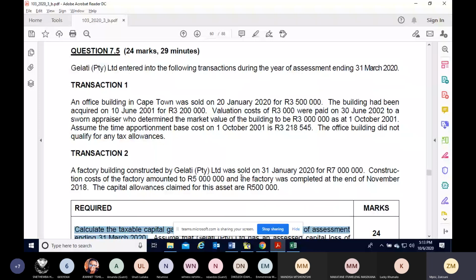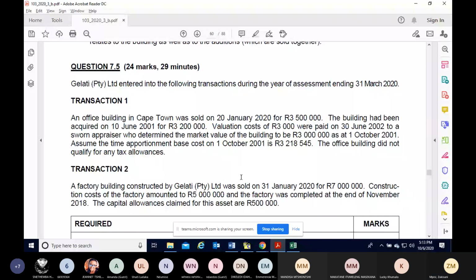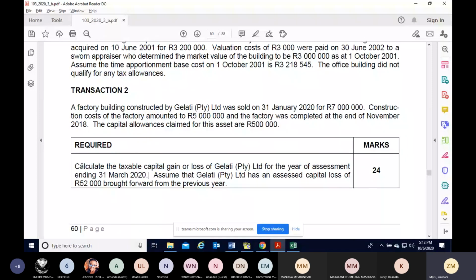All right, so let's move on. Gelati Pty entered into the following transactions for the year of assessment ending 31st March 2020. The required is to calculate the taxable capital gain or loss of Gelati for that year. Assume Gelati Pty Ltd has an assessed capital loss of 52,000 brought forward from the previous year.